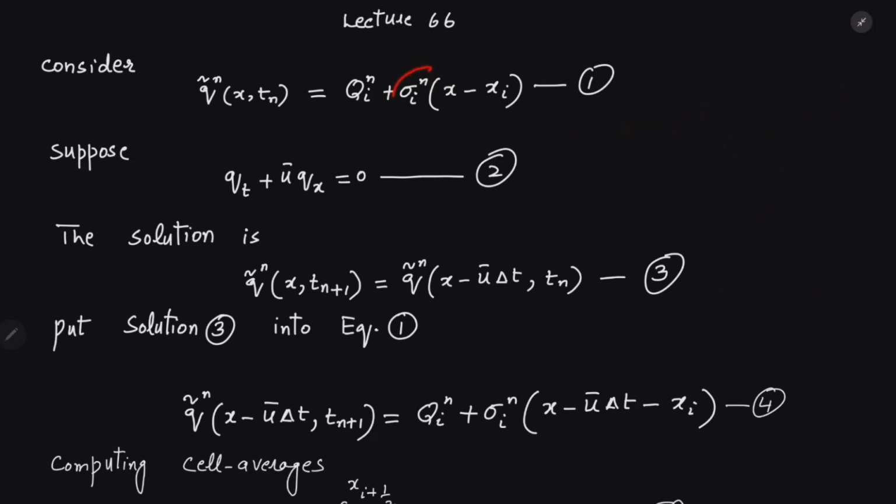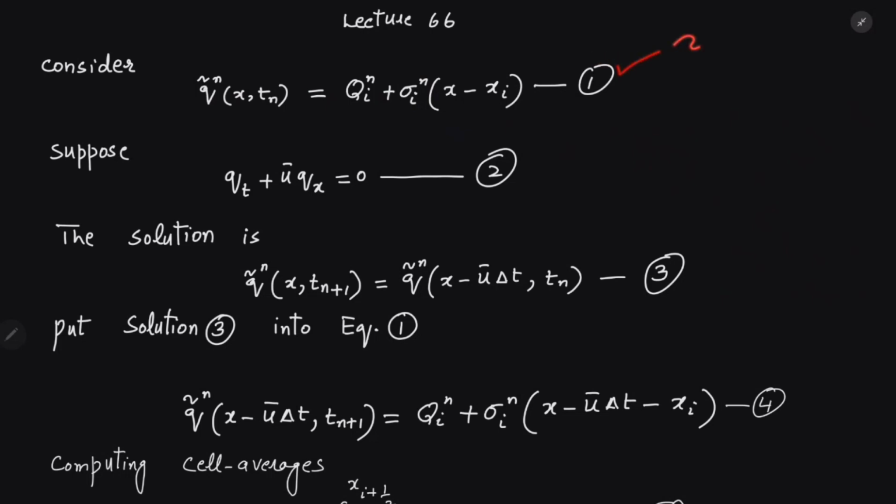Here sigma is the slope, x_i is the cell center, defined as x_{i-1/2} plus x_{i+1/2} divided by 2, and Q_i is the value of the variable at cell i.